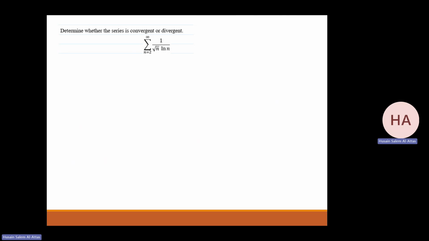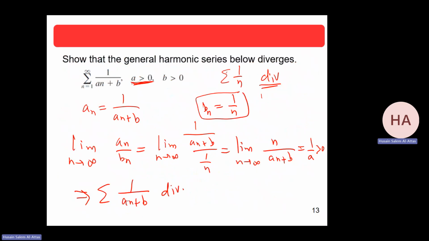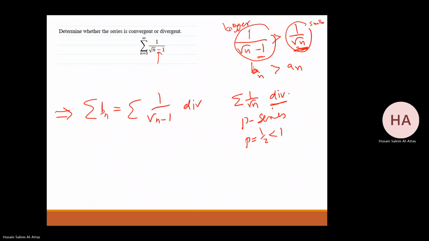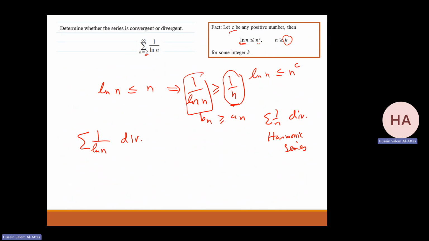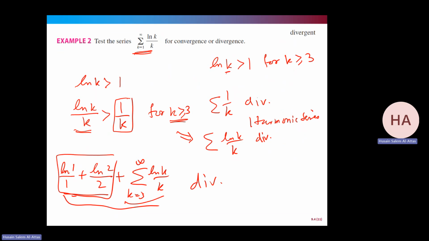Okay, 1 over root n ln n. How to do that? If you remember, when we have ln n, we say ln n is always less than or equal to n to the power c, where c is any positive number, for some k, starting maybe not from 1 but from a specific point.